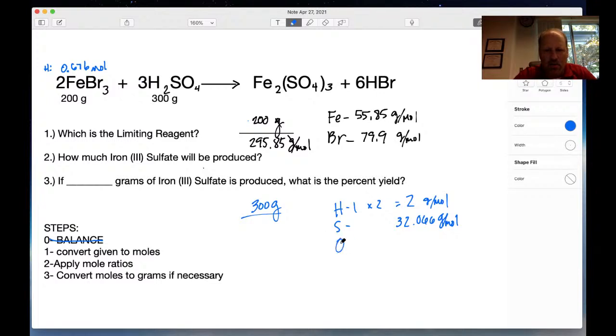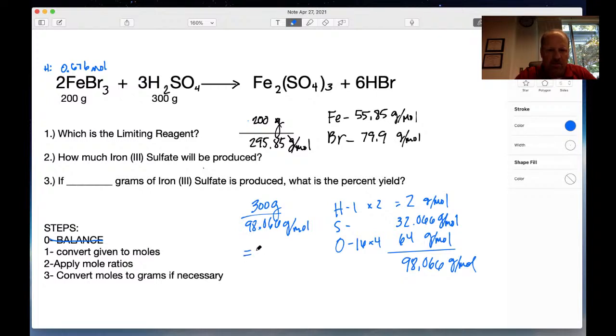And O is 16 times 4, which is equal to 64 grams per mole. So a total of 64 and 32 is 96, and 2 is 98.066 grams per mole. So we're at 300 grams divided by 98.066 grams per mole.